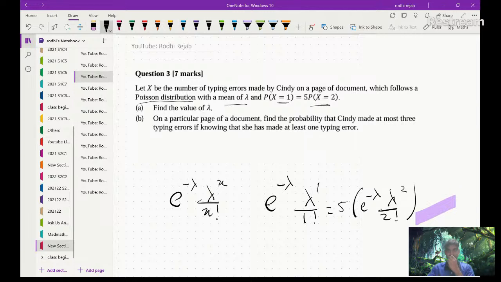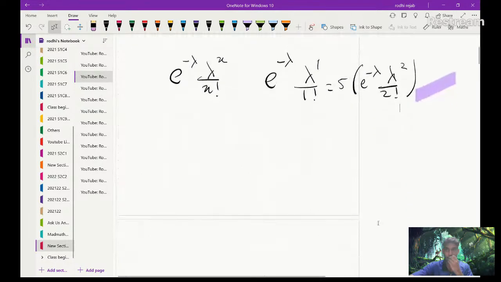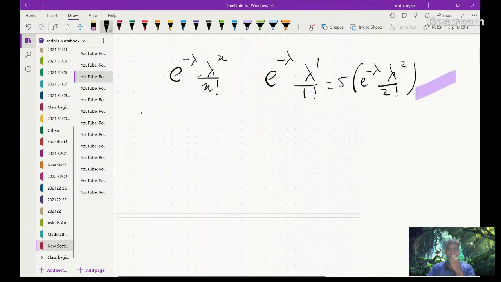From here, it's pretty straightforward. e to the negative mean and e to the negative mean cancel out each other. 1 factorial is 1, so 1 equals 5 times mean squared over 2.